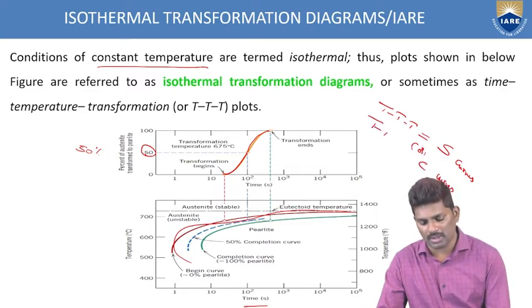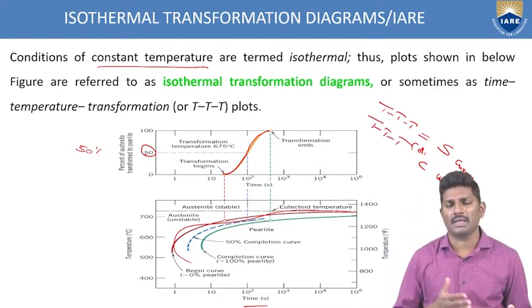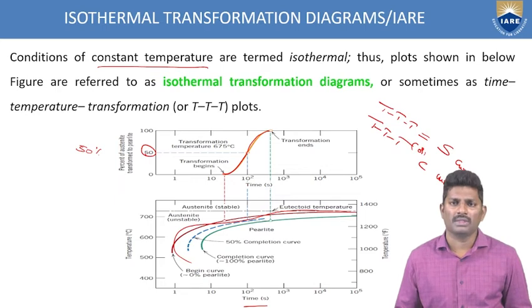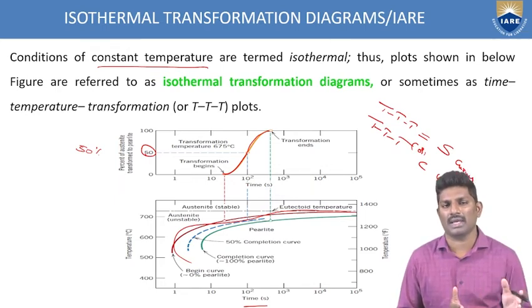So TTT plots refer to S or C curves. In some books it is shown as C curves, in some as S curves, or as TTT or isothermal. So all of this refers to the same thing.